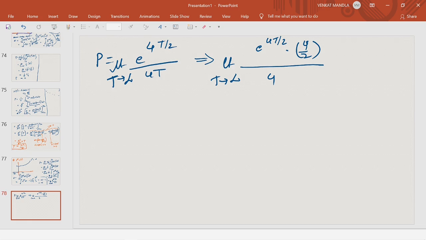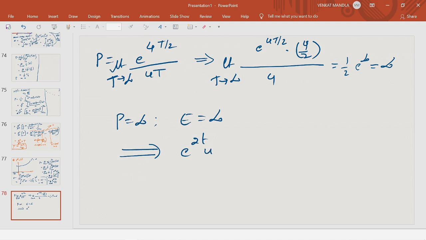What you get is 1 by 2 into e power infinity, which is infinity. So power equals infinity and energy equals infinity. So e power 2t into u of t is neither an energy nor a power signal.